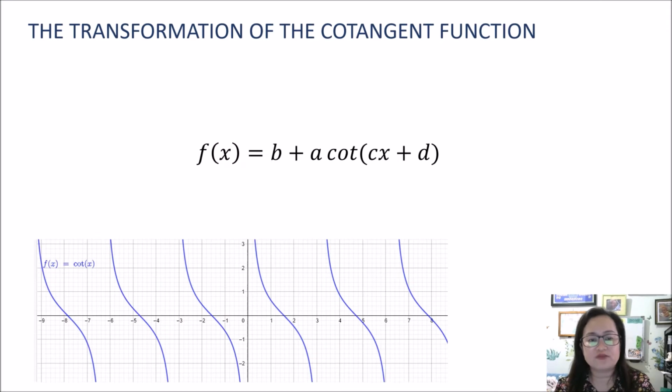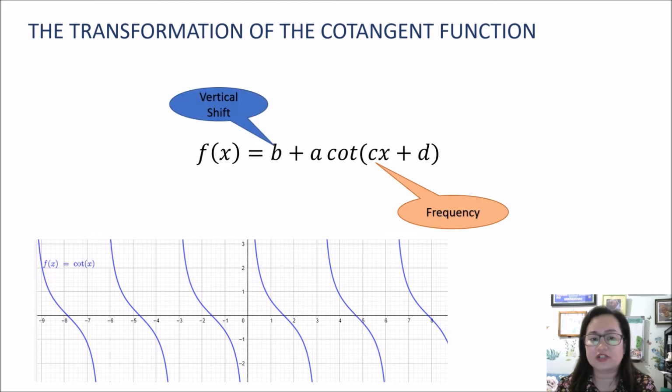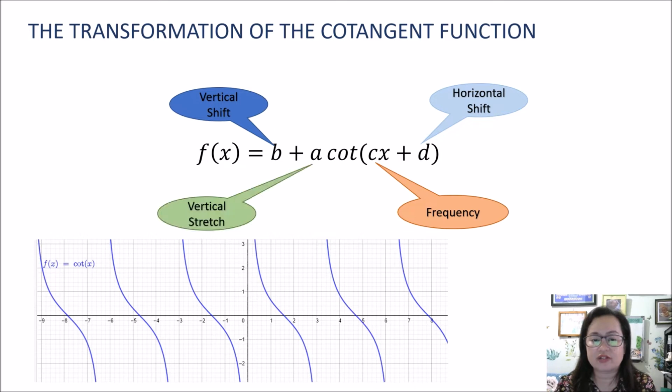The cotangent function is given by f of x equals b plus a times cotangent of c of x plus d, where c is the frequency, b is the vertical shift, and d is the horizontal shift. The change in the value of a implies the vertical stretch of the graph of the cotangent function.